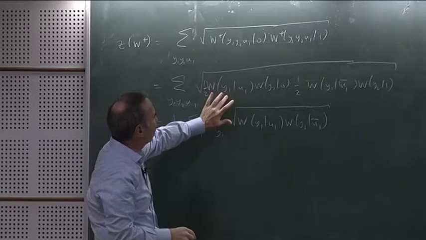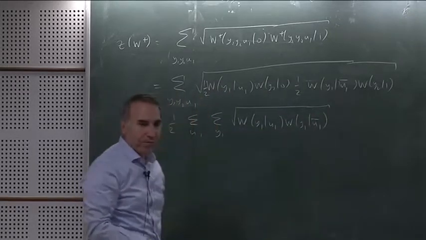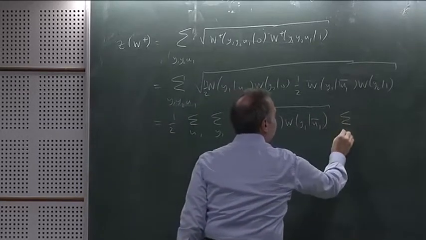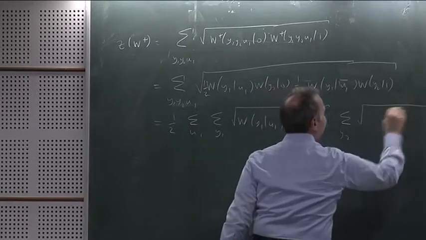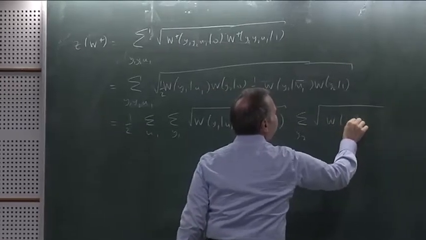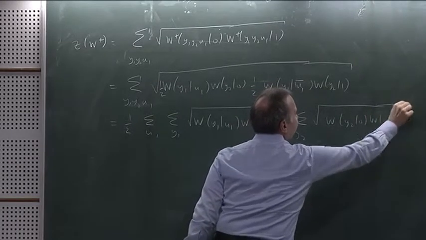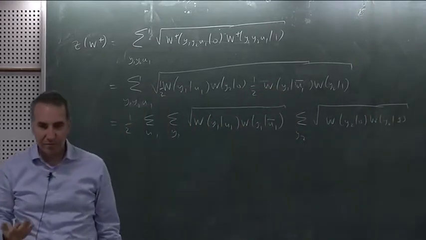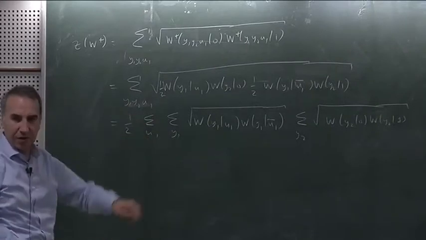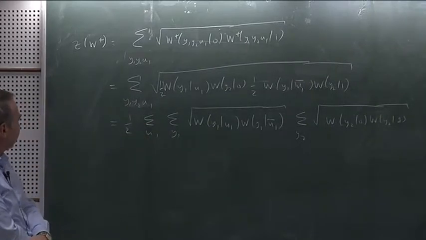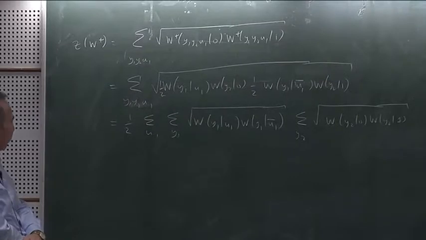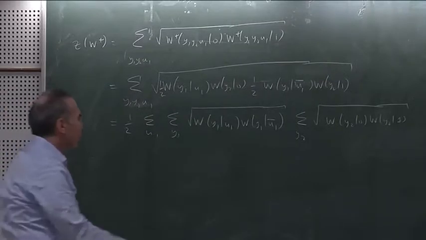I've accounted for this term and this term. What is left is the summation over Y2 of the square root of W of Y2 given 0 times W of Y2 given 1. Everything is here at this moment, right? Okay, good.